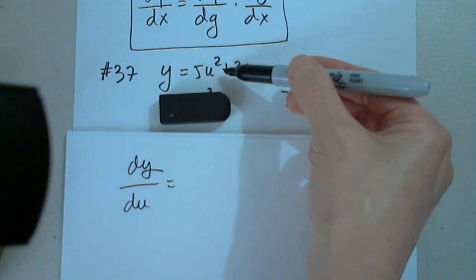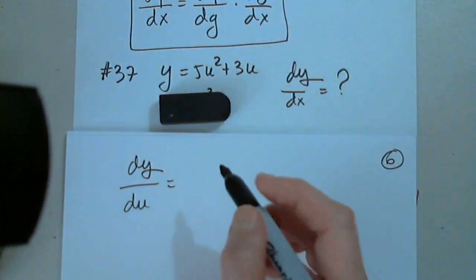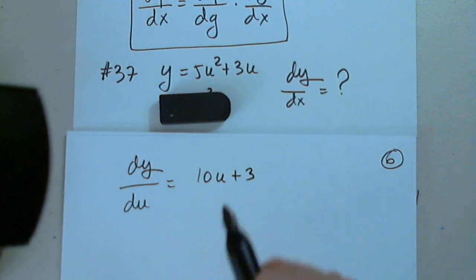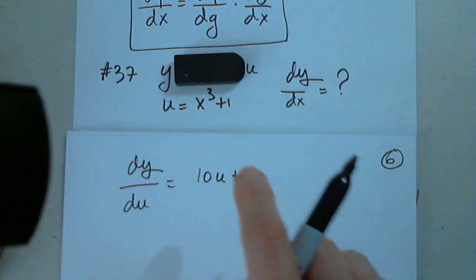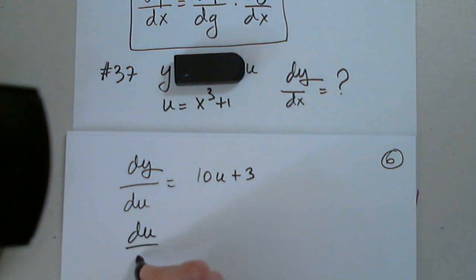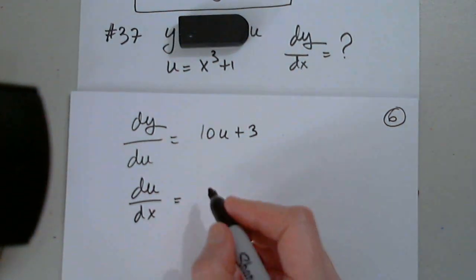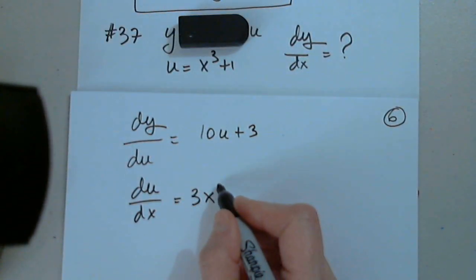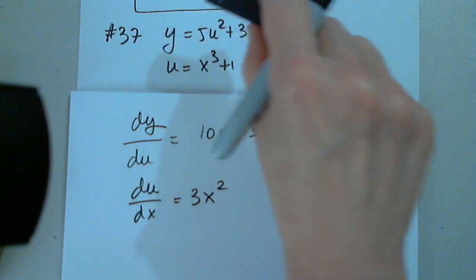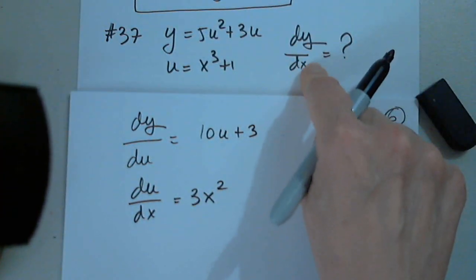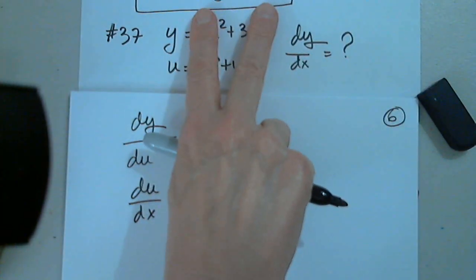Can anyone differentiate this? 10u plus 3. Exactly. Fine. Excellent. Can anyone differentiate du with respect to x? 3x to the power of 2. Excellent. Finally, we want to compose this, which is this product.